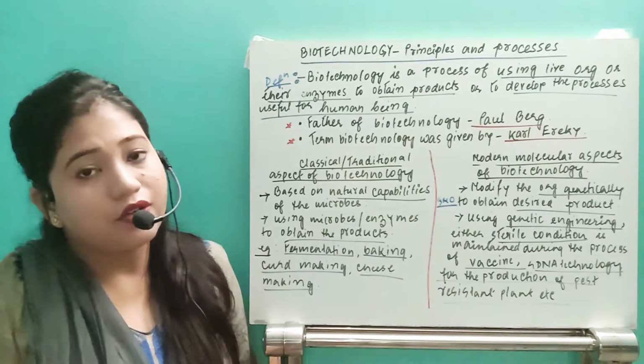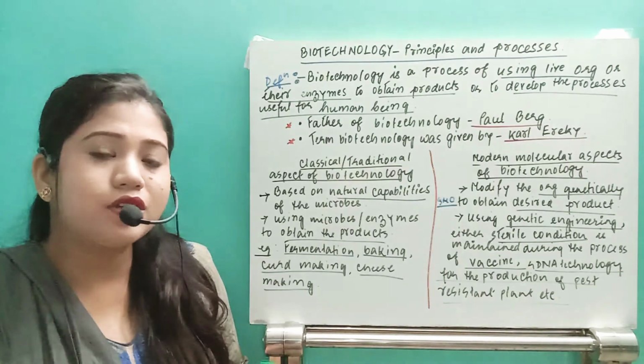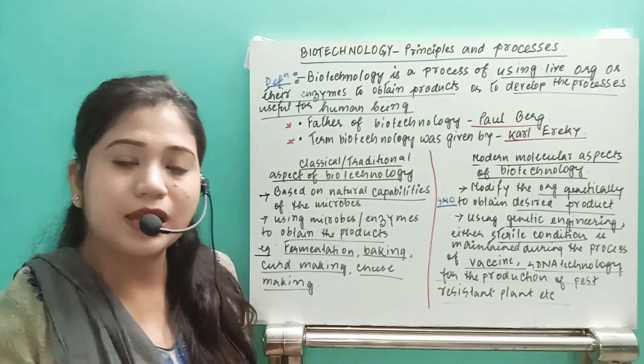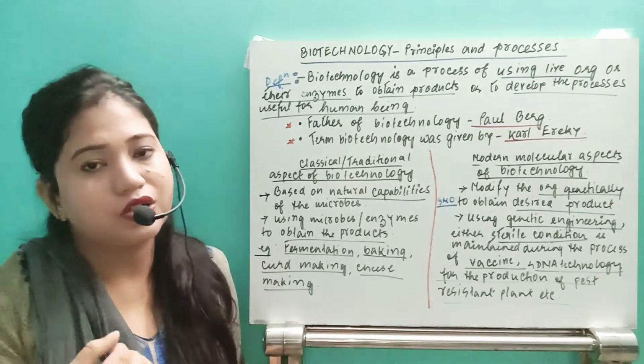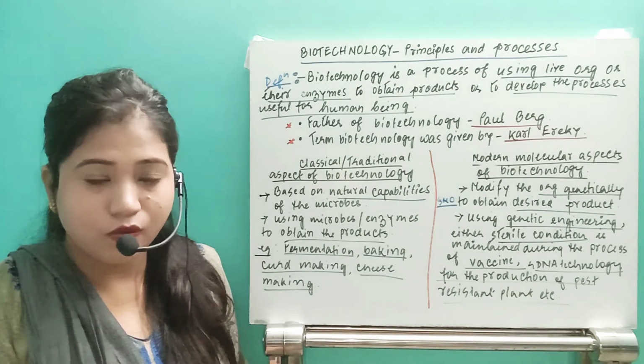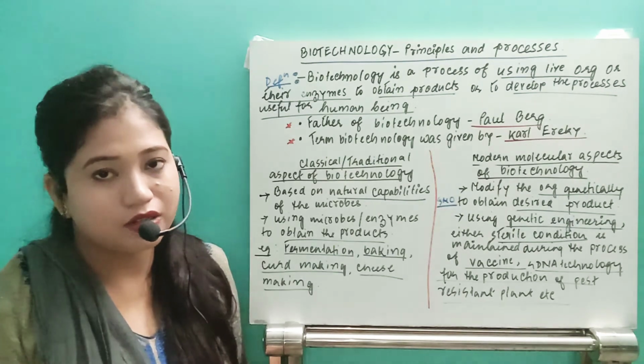pesticides. So that's why, without using any type of pesticides or any type of chemical fertilizers, by using microorganisms we can enrich the nutritional quality, or we can get the whole plant resistant to the pest.